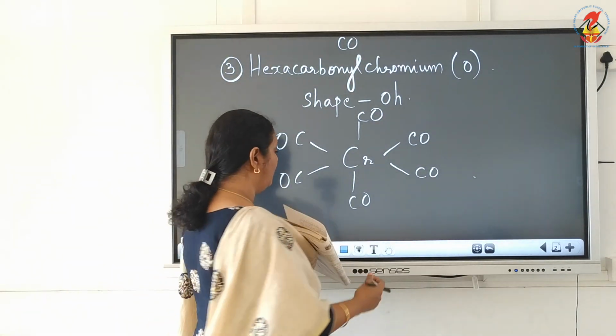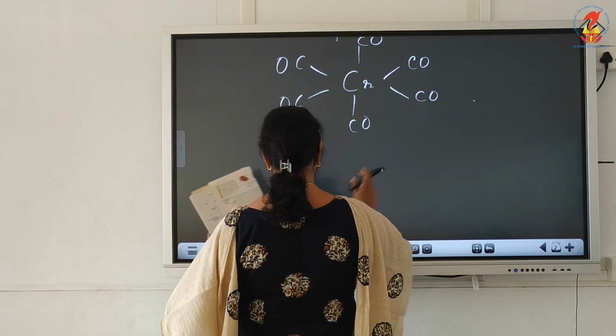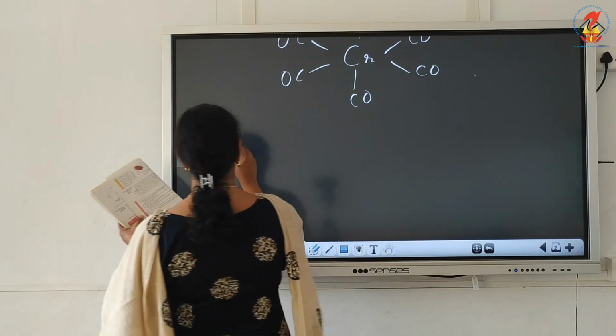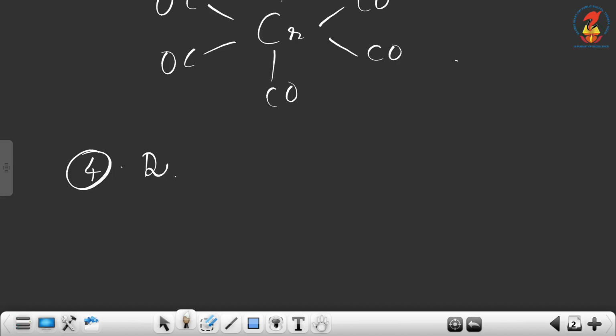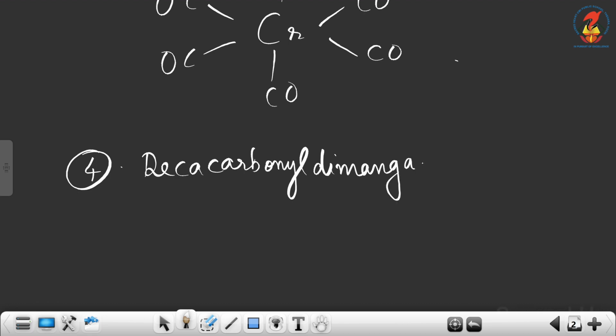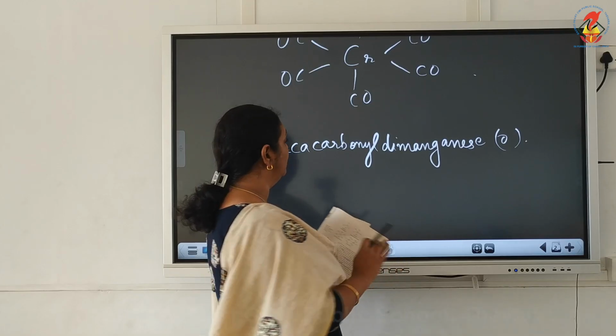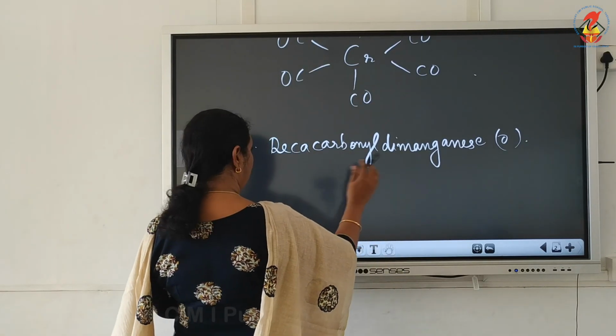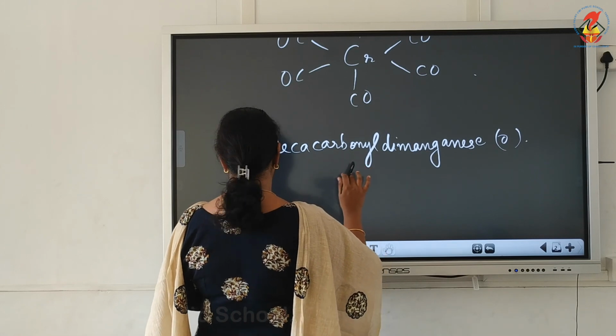Now the next compound, number 4, is decacarbonyldimanganese(0).